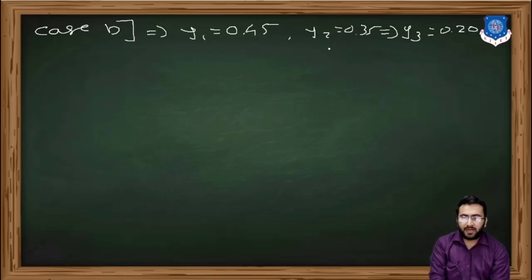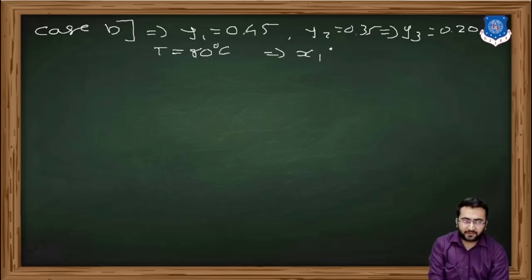For y3, 1 minus y1 minus y2, so we get y3 equal to 0.20. In case B, the temperature is also given, 80 degrees Celsius, and we have to find the value of x1 and the pressure P.